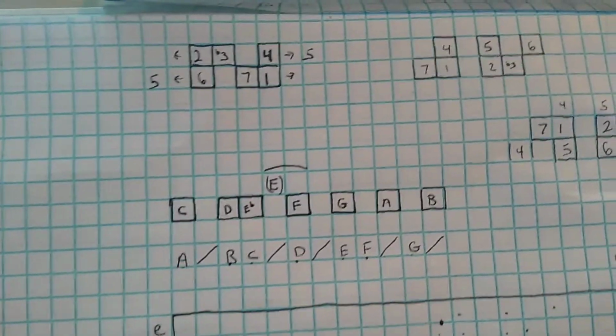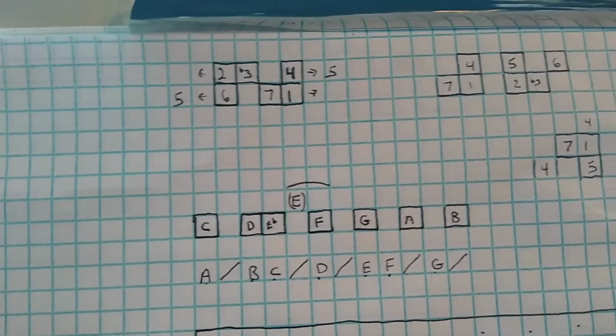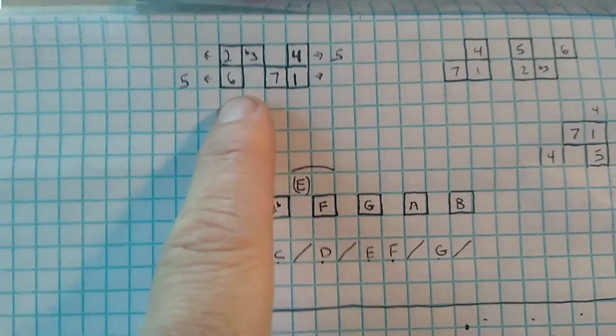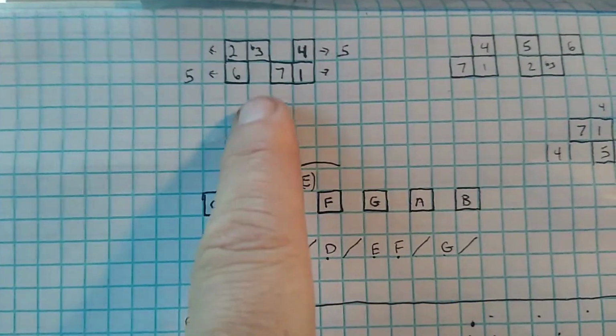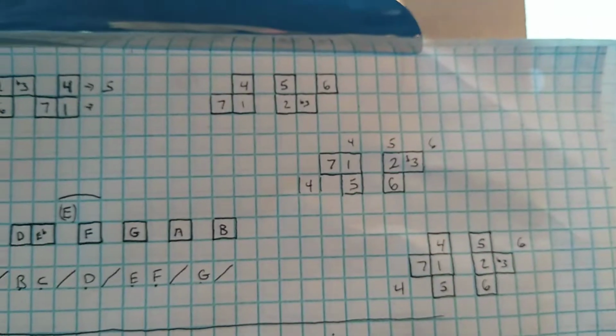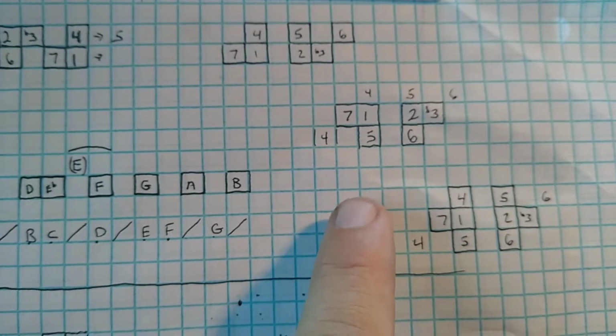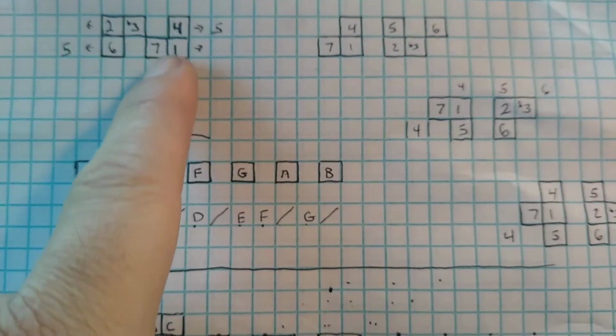Also, if you find yourself at this point in the scale, it's easy to get out of this and know exactly where to go next. Where did I write it? See where it says 7-1?